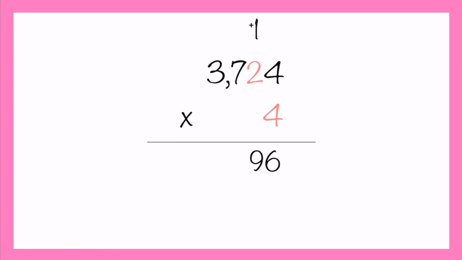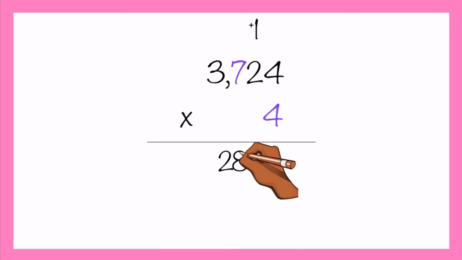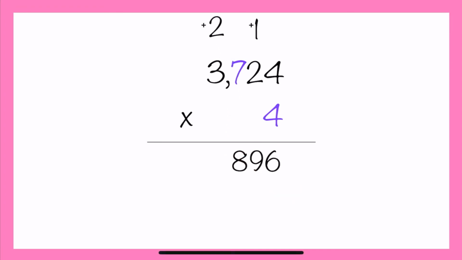And we don't have to carry since 9 is just one digit. Next, 7 times 4 equals 28. 8 stays at the bottom. We carry our 2 to the top of the next place value. Finally, 3 times 4 equals 12. Plus 2 is 14.